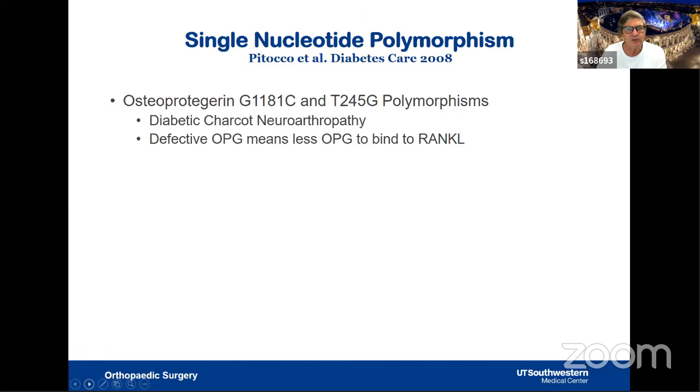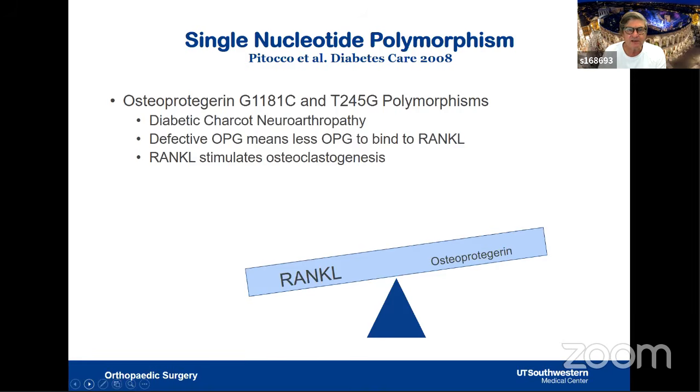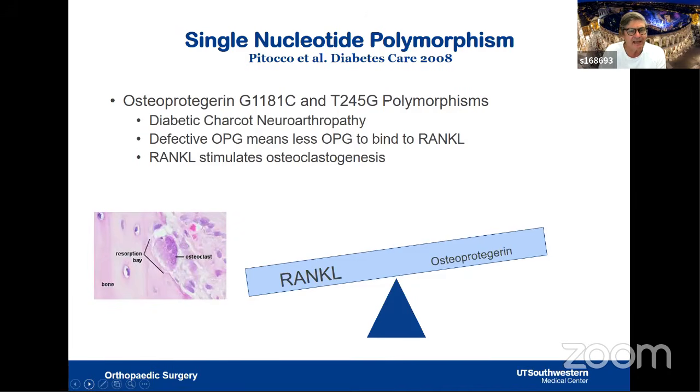So they looked at Charcot patients, and defective OPG, if you have this polymorphism, means there's less OPG to bind to RANKL, so RANKL will be more unimpeded. And what happens is they stimulate osteoclastogenesis, and you get an imbalance where RANKL becomes dominant over OPG, and then these osteoclasts get activated and they start to resorb bone.